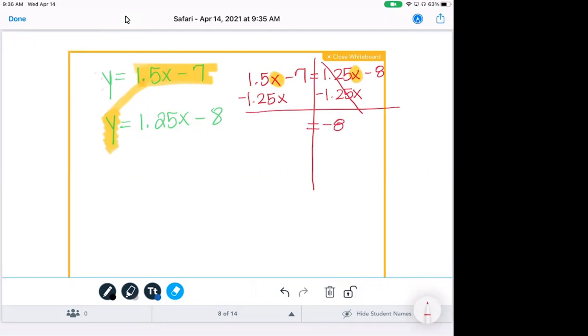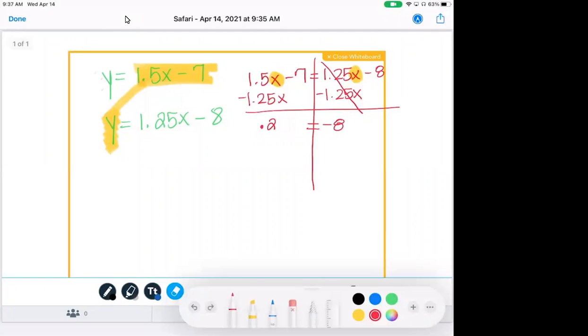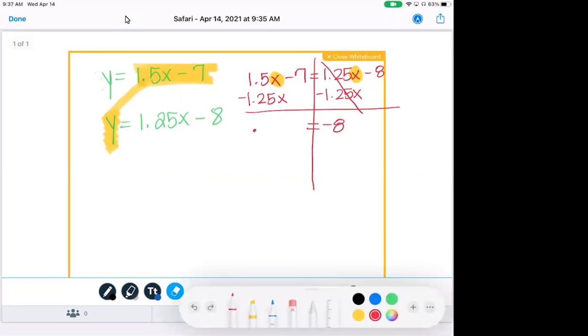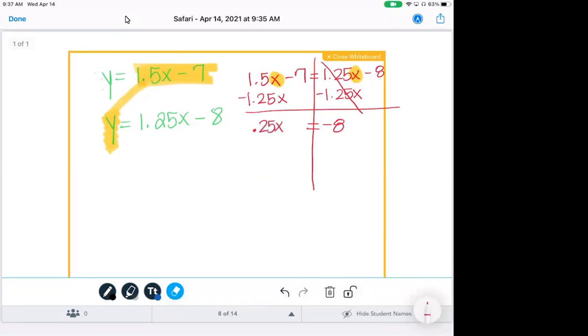1.5 minus 1.25 is going to leave me with 0.25, right? $1.50 minus $1.25 is going to leave you with 25 cents. And bring down my -7. Now I am going to add 7 to both sides.